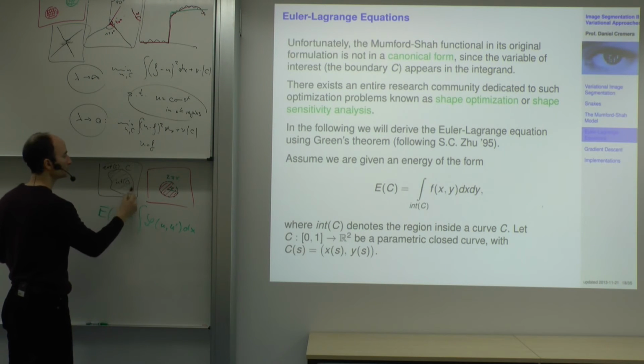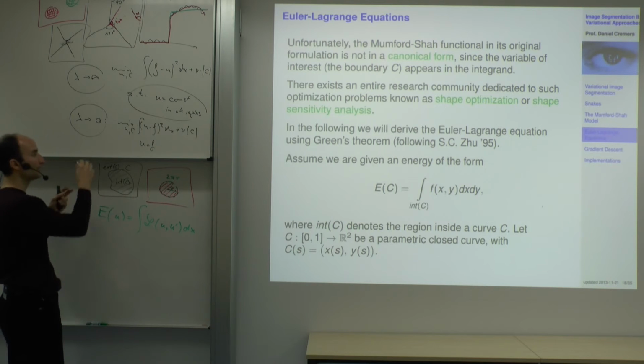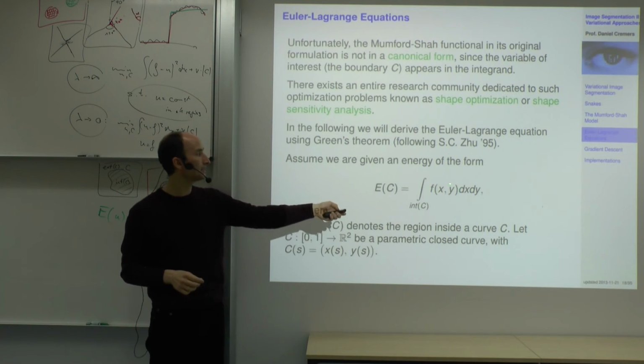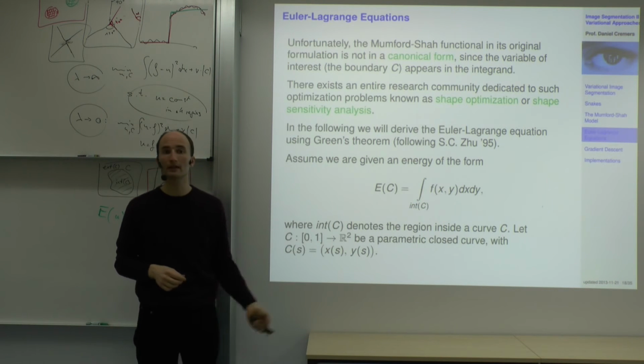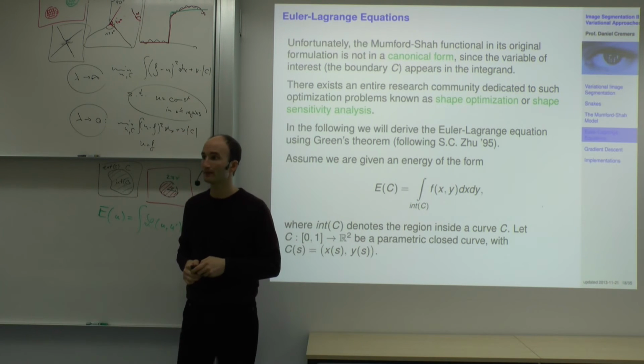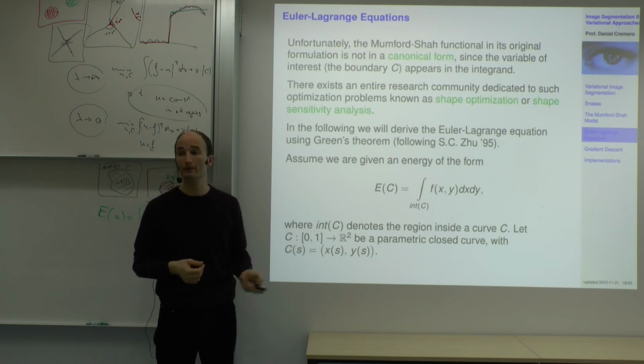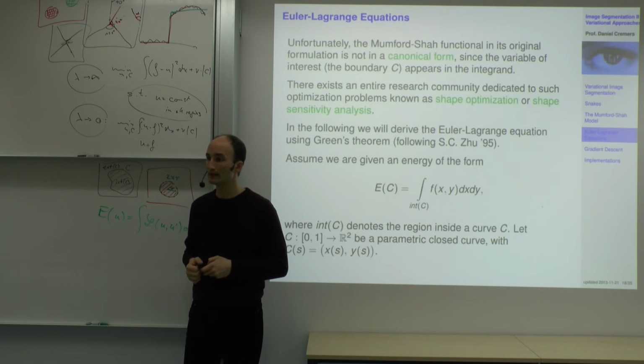Right? So these are the two regions that are separated by this boundary. And so the cost function that we have is some integrand that is integrated over the interior of the boundary. And now we want to compute Euler-Lagrange equations with respect to that boundary C.